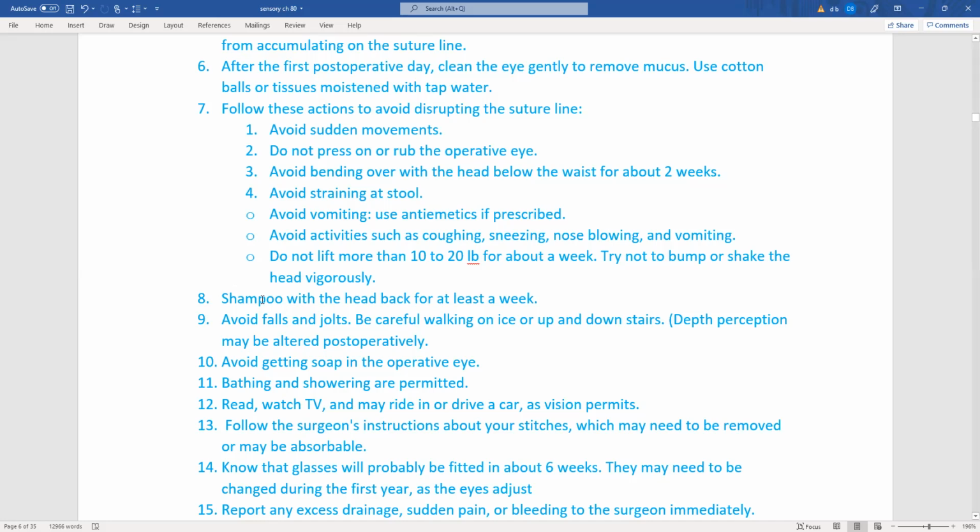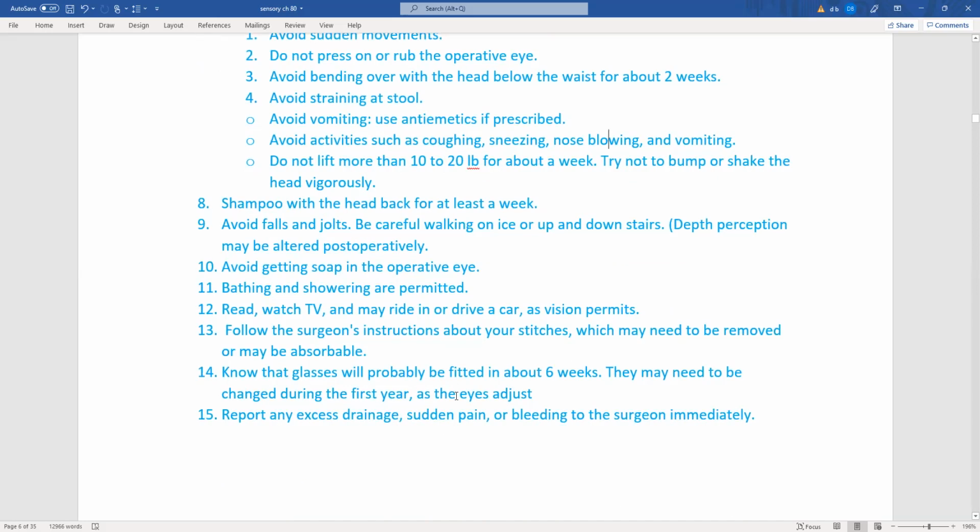So shampoo with the head back for at least a week. Avoid falls and jolts. Be careful walking on ice or up and down stairs. Depth perception may be altered postoperatively. Avoid getting soap in the operative eye. Bathing and showering are permitted. Read, watch TV, and you may ride in or drive a car as vision permits.